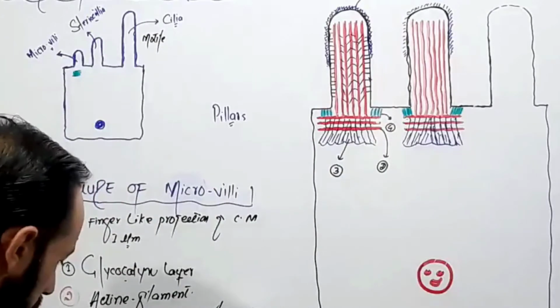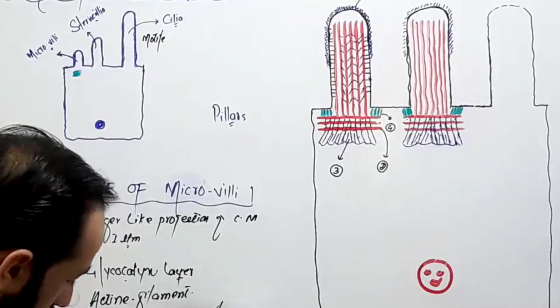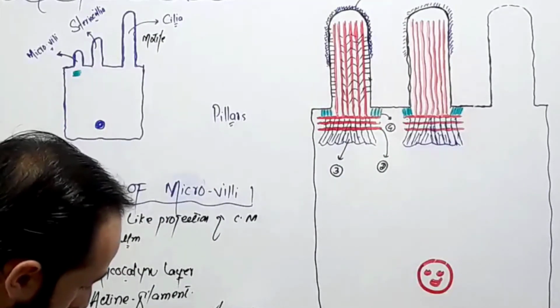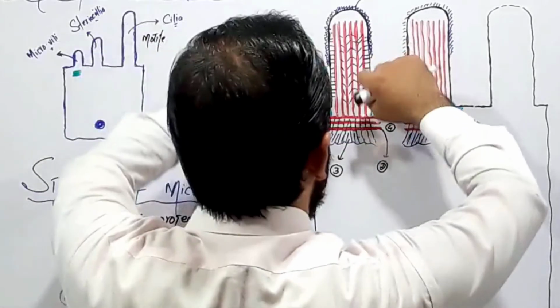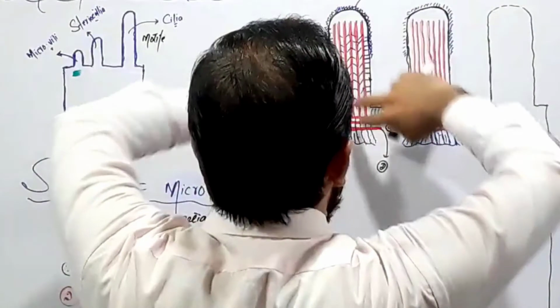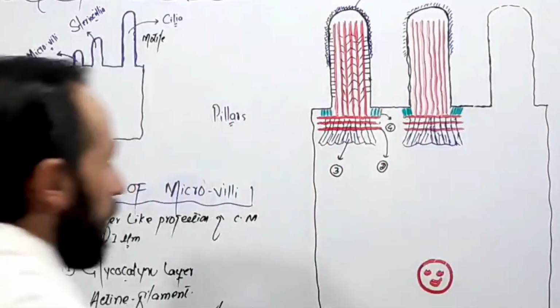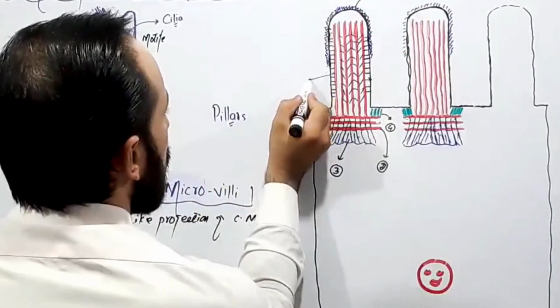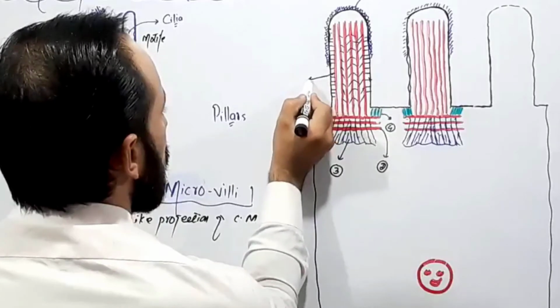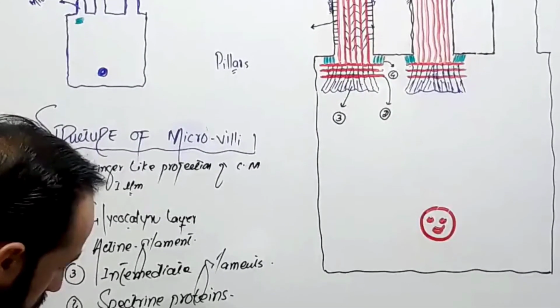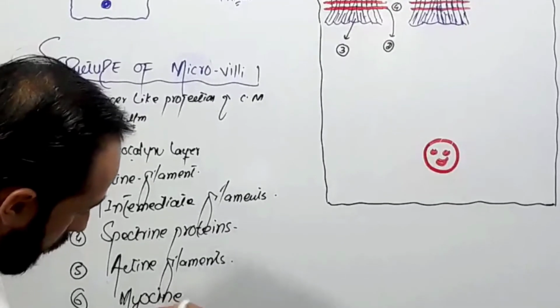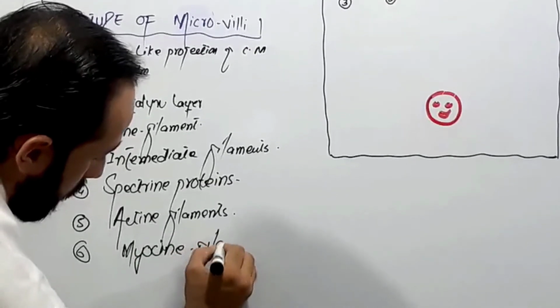These are again actin filaments, right? And what anchors these actin filament pillars to the cell membrane? These are the myosin F filaments. What are these? These are the myosin filaments. So the 6th one is myosin filaments, right?